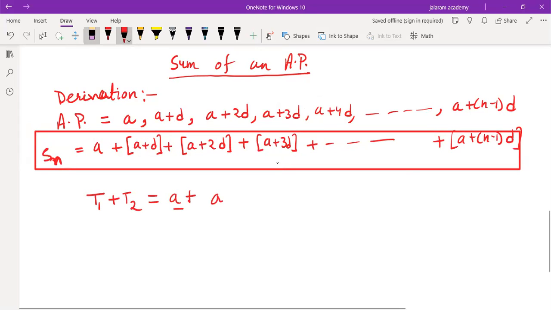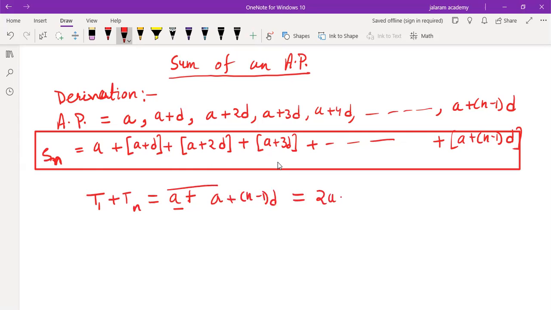Sum of first term and the nth term, not the second term. The nth term is A plus n minus 1 into D. So if you add them, A plus A, it is 2A, plus n minus 1 into D.